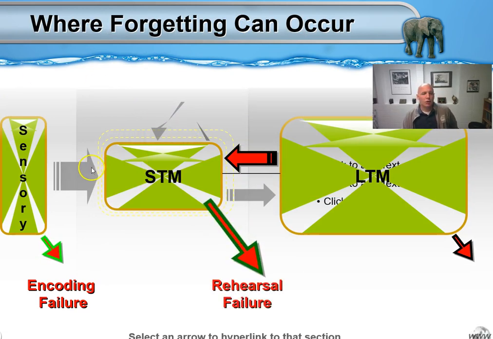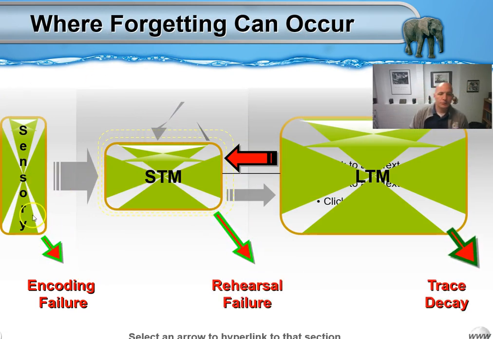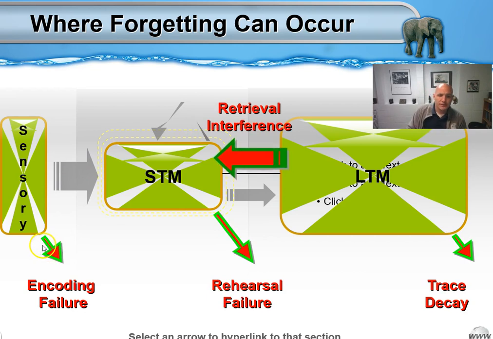So forgetting can occur at sensory memory. For instance, there's a famous research study that gives people 9 counterfeit pennies and 1 real penny. Many people cannot get the correct penny because we don't study pennies.